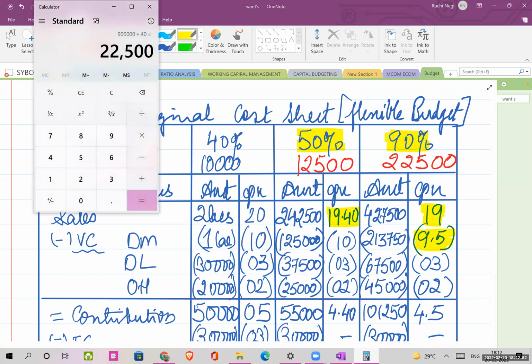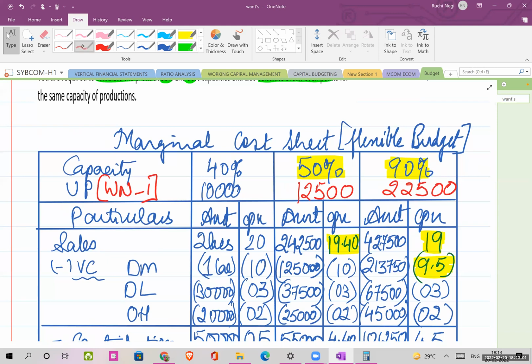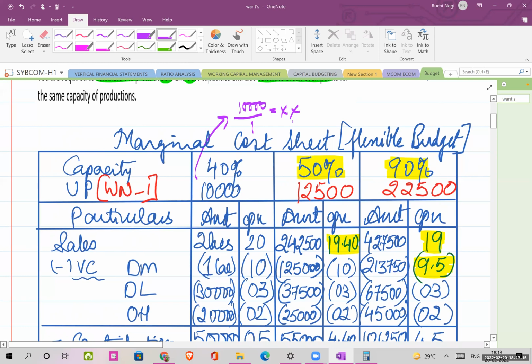You can use the same shortcut as discussed earlier. So what was the shortcut? Let me highlight the shortcut in some other ink. The shortcut says 10,000 upon 1, equal to, and multiplication sign 2 times.